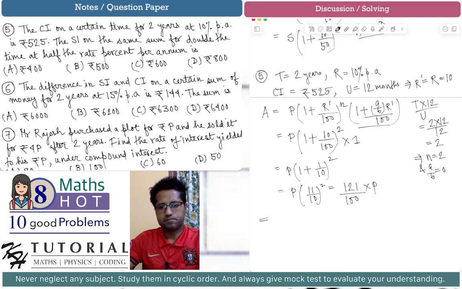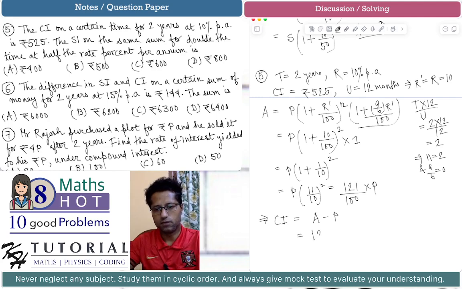This implies the compound interest is given to be 525. The compound interest is the amount minus the principal. So this is equal to 121 by 100 multiplied by P minus P. Taking P common, we get P into 121 by 100 minus 1, which is P multiplied by 21 by 100.